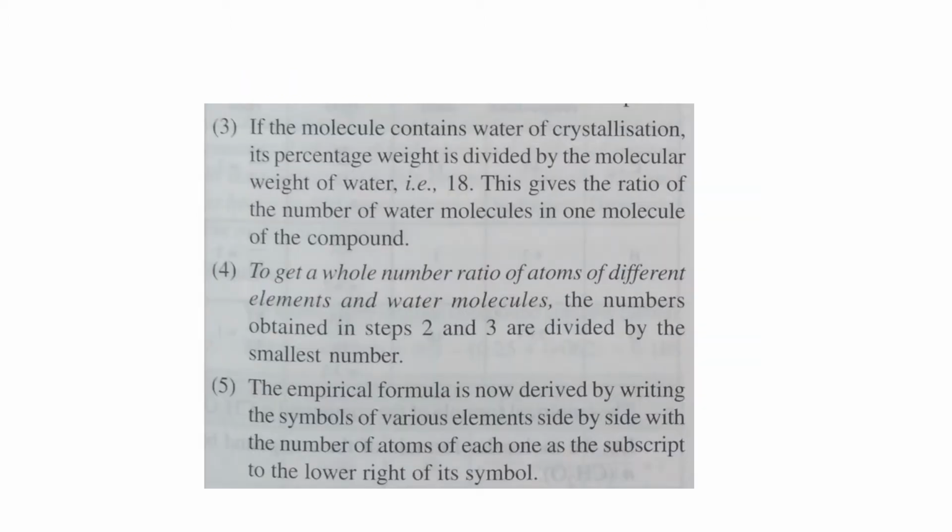Now point number 3, if the molecule contains water of crystallization, its percentage weight is divided by the molecular weight of water, that is 18. The molecular weight of water is 18. This gives the ratio of the number of water molecules in one molecule of the compound.